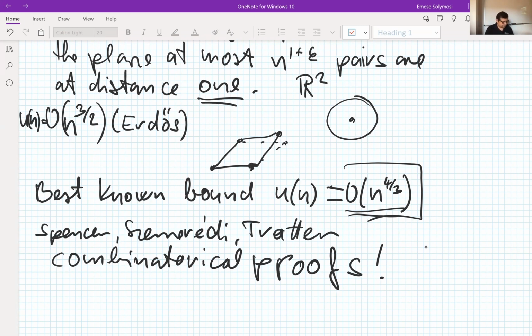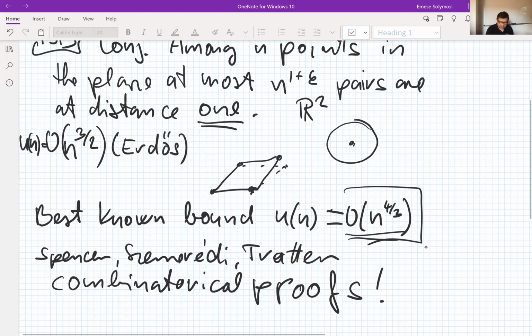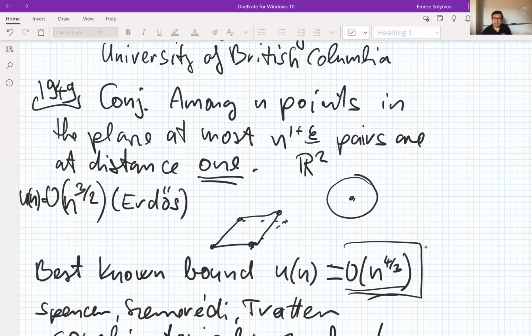I will show you a few examples, but before that, I still owe you an explanation. Why do we have here n to the 1 plus epsilon? Why don't we conjecture that it's linear in n?